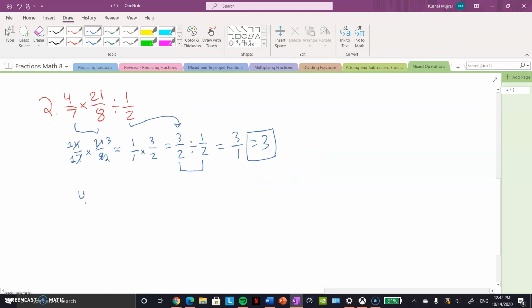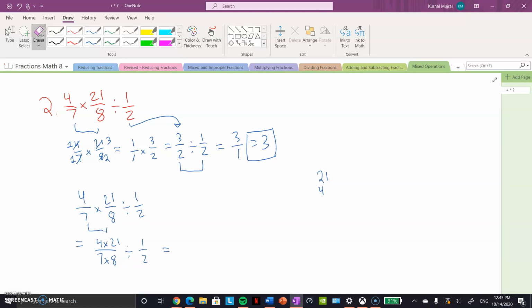So 4 over 7 times 21 over 8 divided by 1 over 2. So first we're going to do this. This becomes 4 times 21 over 7 times 8 divided by 1 over 2. 4 times 21 is 84.